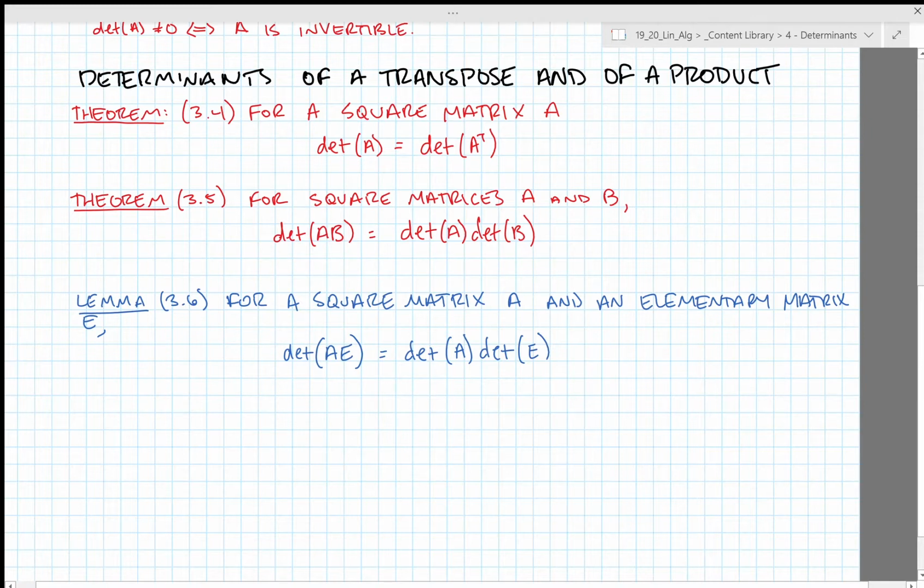So in some sense, lemma 3.6 is a watered-down version of 3.5. And what we're going to do is leverage 3.6 a couple of times, and then we'll be able to prove 3.4 and 3.5 in the next video. So we'll take a short intermission and come back together and do some neat proofs.